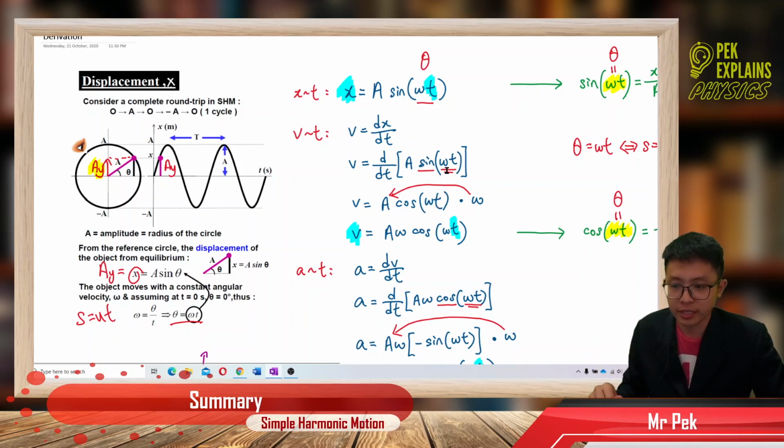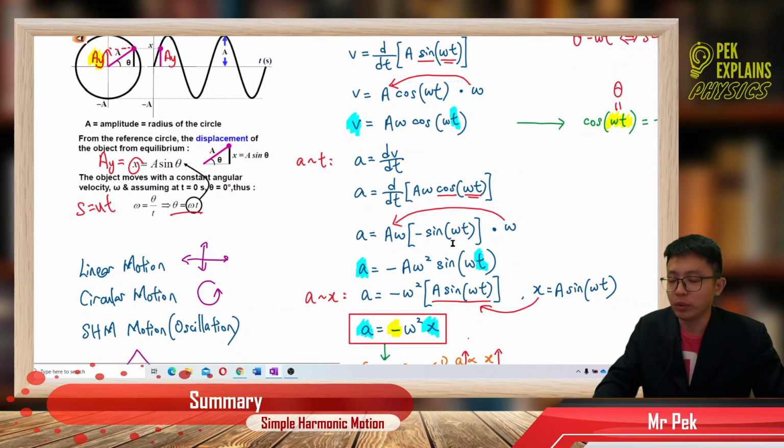Then we differentiate inside, we get omega, so times omega. This omega just multiplies to the front, and that's why we get v equal to A omega cos omega t. So we got the second formula, the velocity versus time formula.